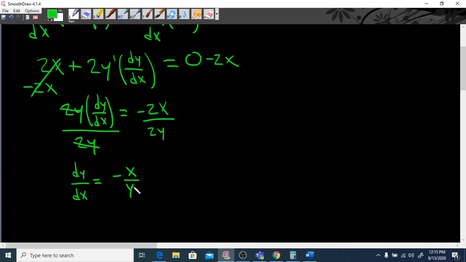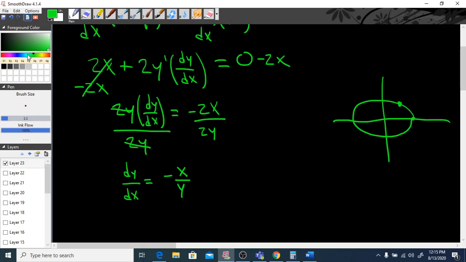And this is going to happen for any circle. Before we go too crazy, let's think about what that means. It's supposed to be a circle. It's definitely not a perfect circle, but it's close enough.